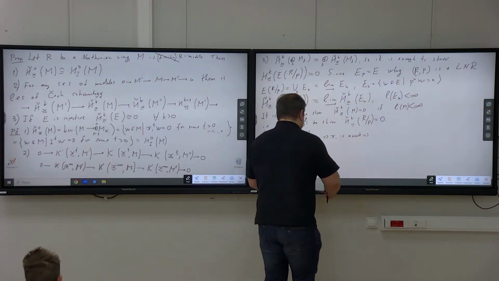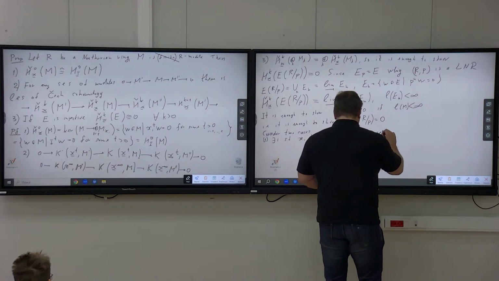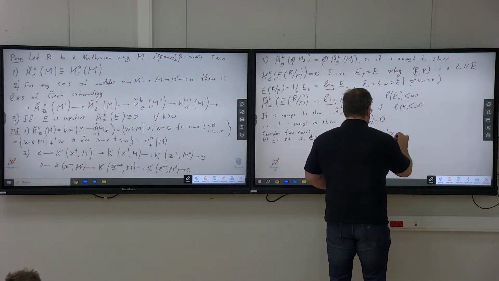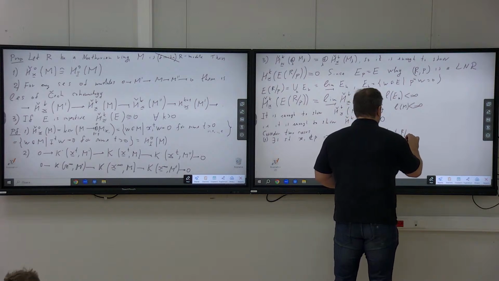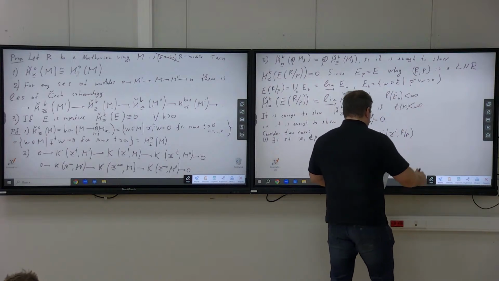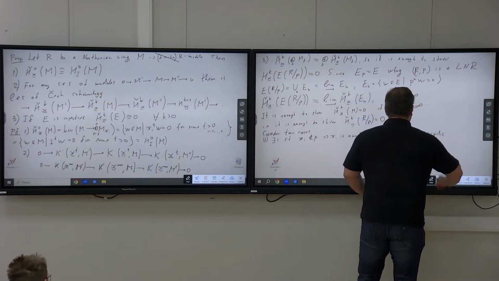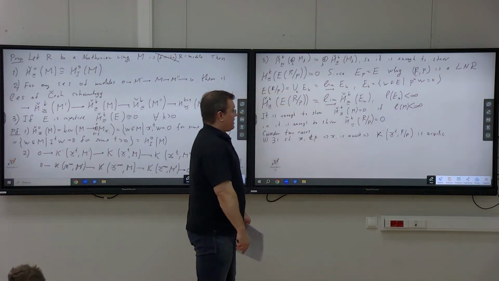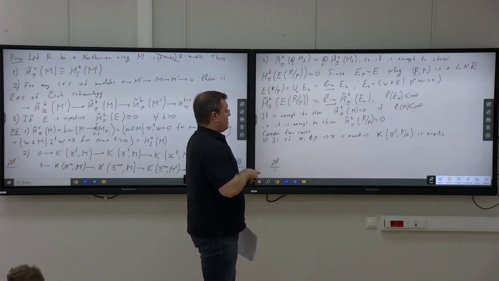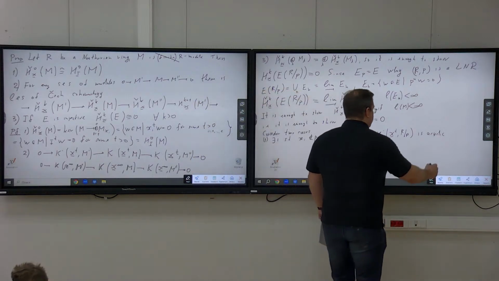But if x_i is a unit, then the corresponding Čech complex for R modulo P is acyclic by general properties of Čech complexes. And if any Čech complex is acyclic, the direct limit is exact, so the limiting complex is also acyclic.